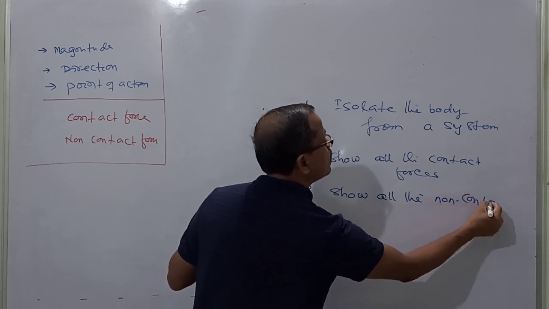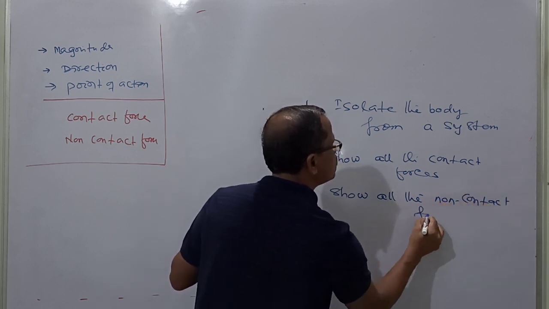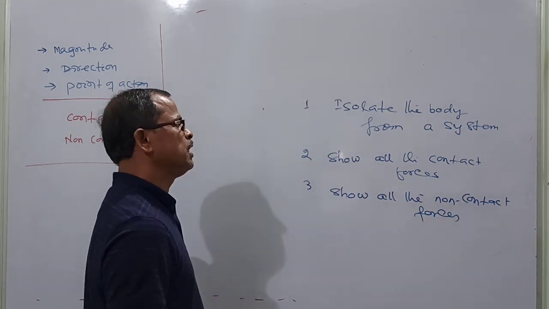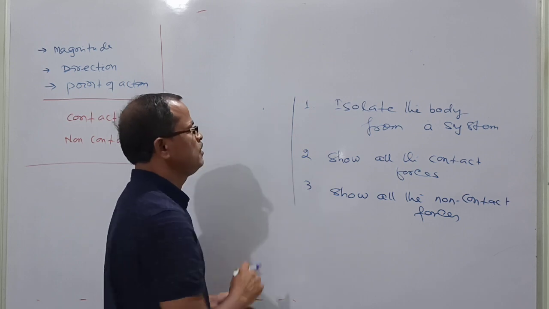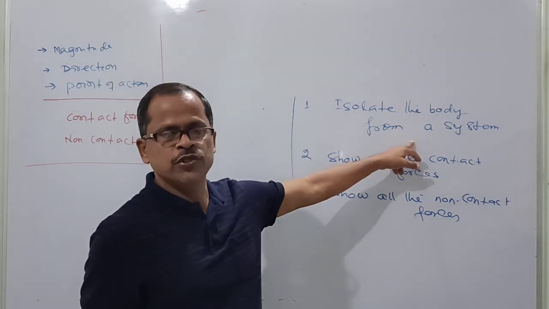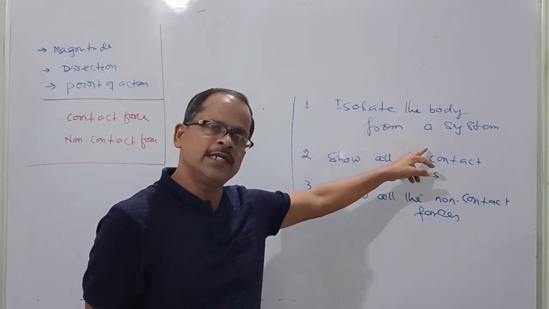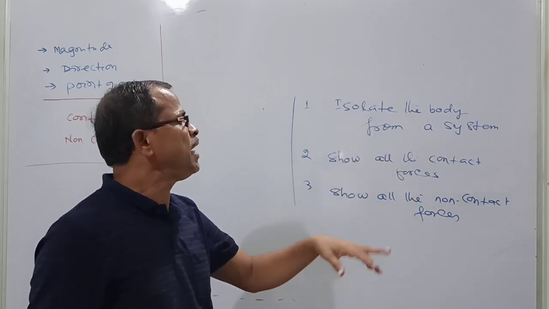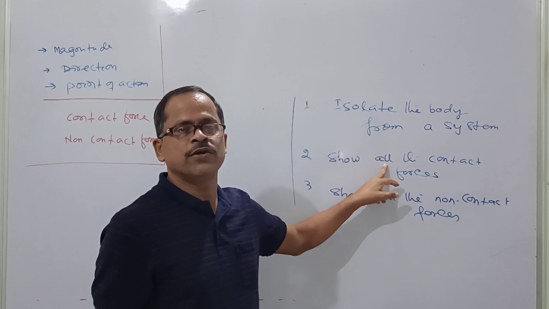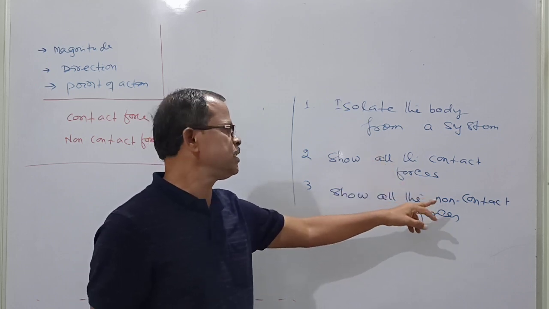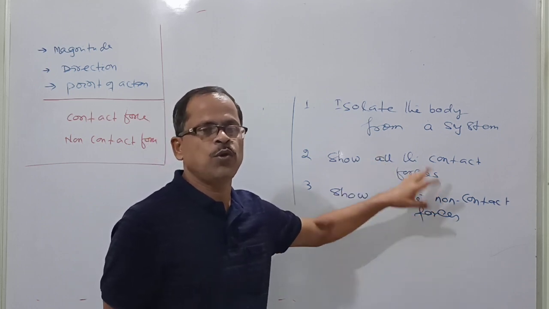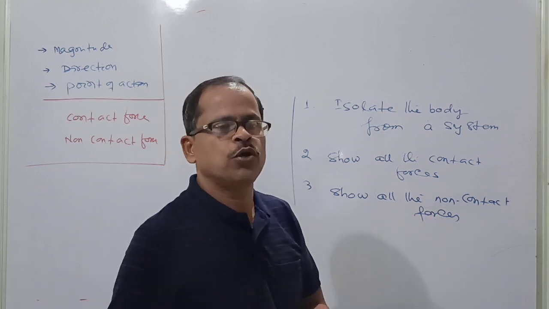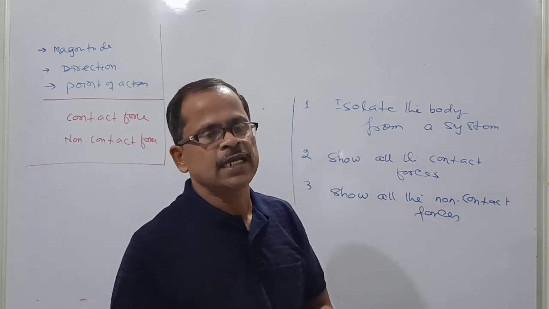So when you are isolating the body from the system, how is the body isolated? By representing the forces in contact and the non-contact forces. When all forces are shown, you can say that the steps to draw a free body diagram are satisfied.